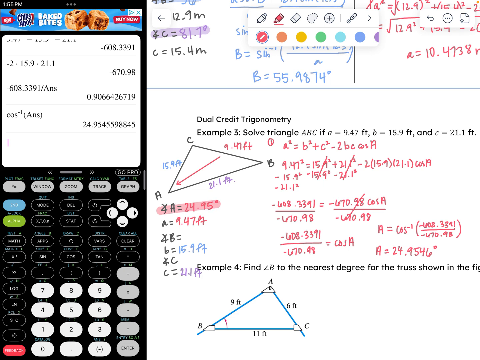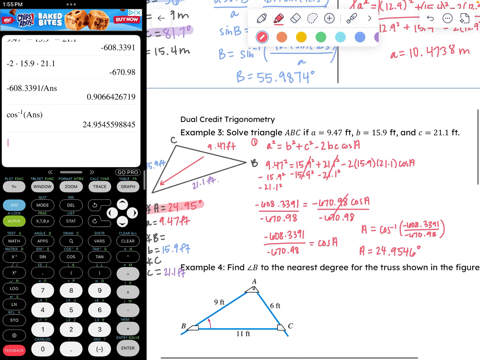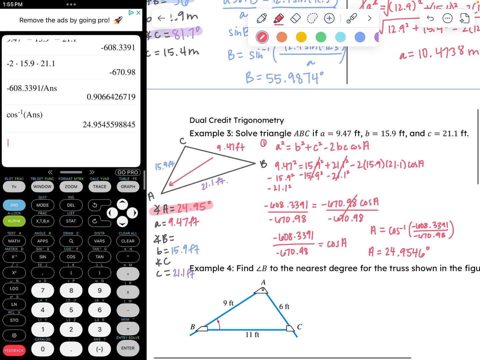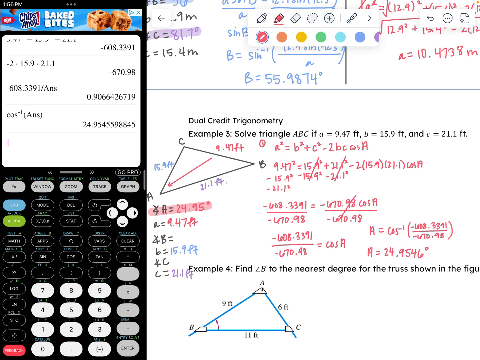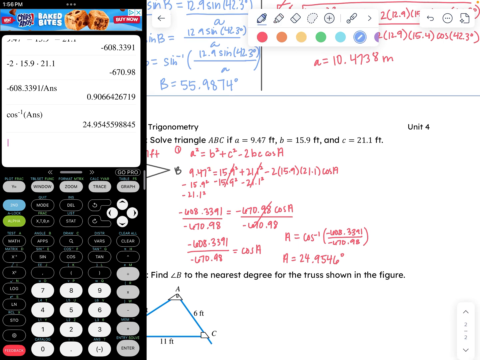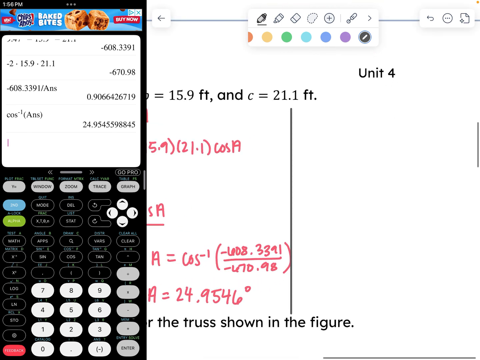So I found one of my angles. From here, I could use the law of cosines again, or I could use the law of sines to find my next angle. My next smallest side is B, so the next angle I'm going to go for is B. I'm going to use the law of sines just to give us some extra practice with that. And that means I'm going to set up my ratio of side A over the sine of angle A equals side B over the sine of angle B. So let me section this off and zoom in.